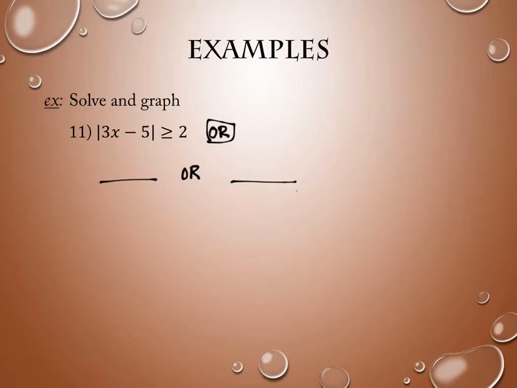What is one of the inequalities that you're going to write down? Yeah. The same as the problem without the absolute values, right? What is the other one that you're going to write down?